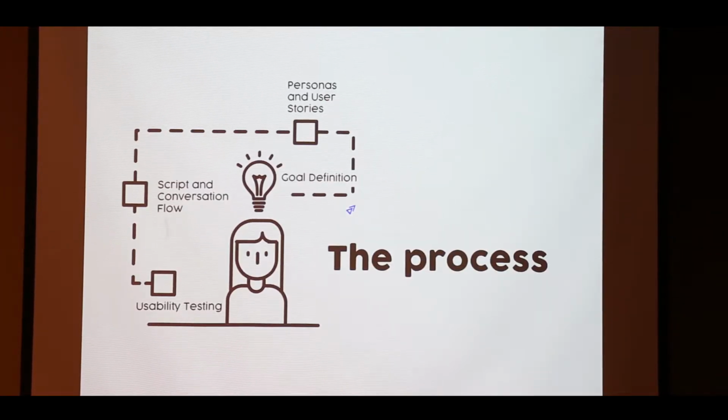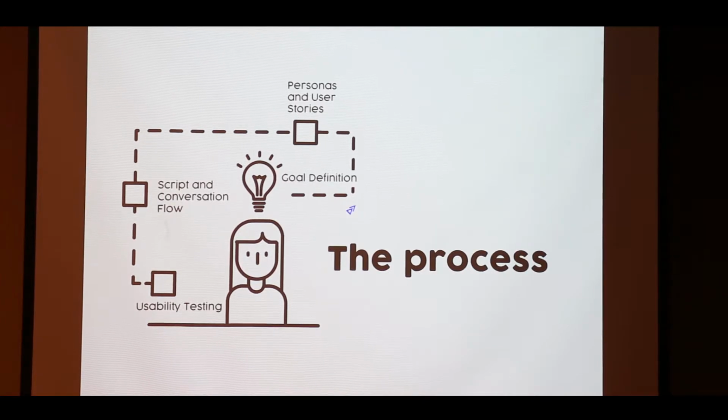So what we follow on the design perspective is this process that you see here. We started from a definition of the goal that our customer, but also the client of our customer, might have. And this we did through a framework that I'm showing to you later on. Then we defined the personas, like fictional target users that might use the skill.